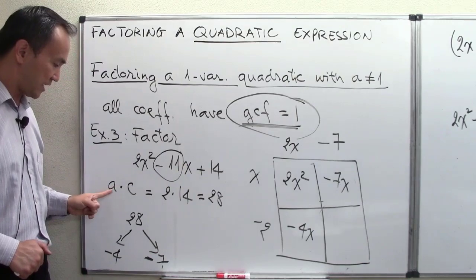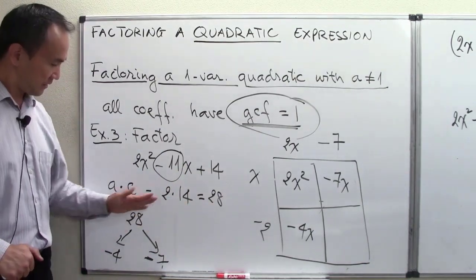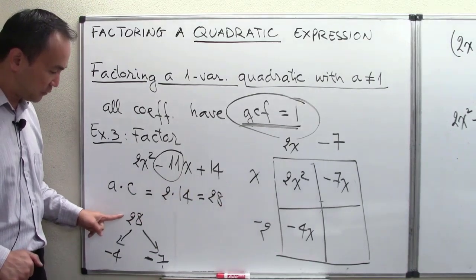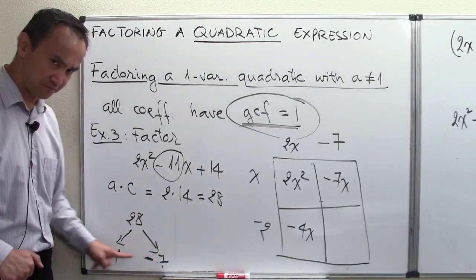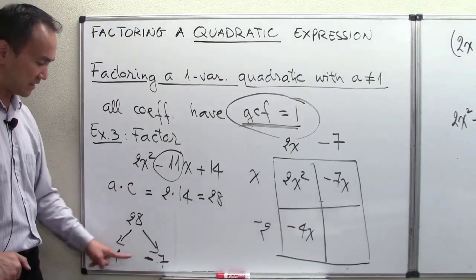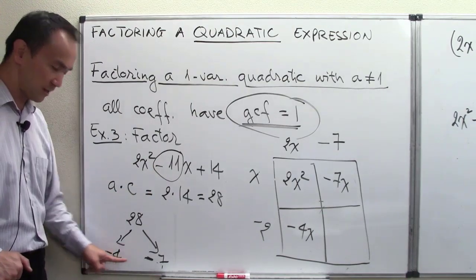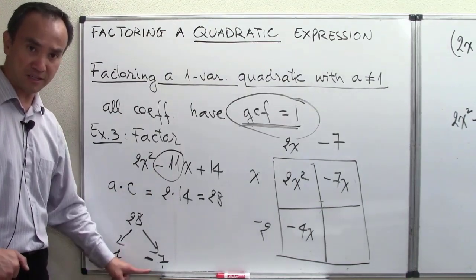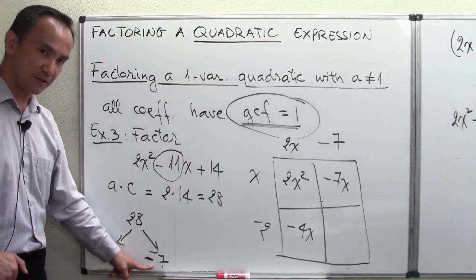That's why I got a times c, 2 times 14 equals 28. After that, I'm going to find two factors of 28, including signs, that sum up to the middle coefficient. And minus 4 and minus 7 is the only pair. That's why I found minus 4 and minus 7.